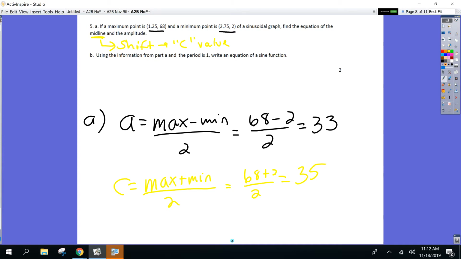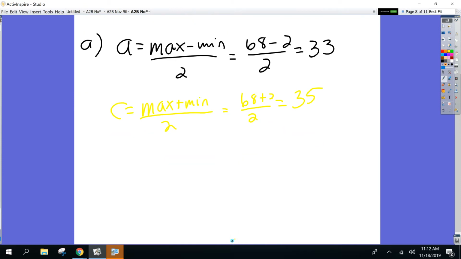Part B, write the equation of this curve if it's a sine curve and the period's 1. Y equals, here we go. What's the first value I put out in front? Already found it.